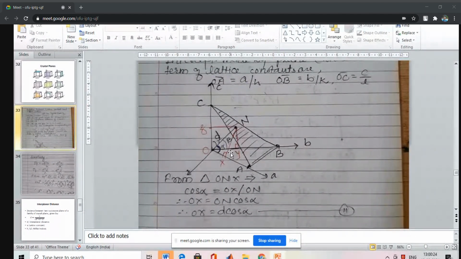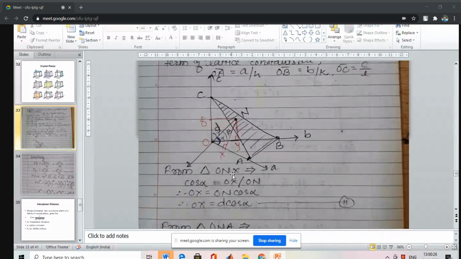Okay. So from the triangle ONX, we can write the cos alpha. From ONX, by the trigonometry of this right angle triangle, cos alpha will be given by OX upon ON. Okay, OX upon ON.